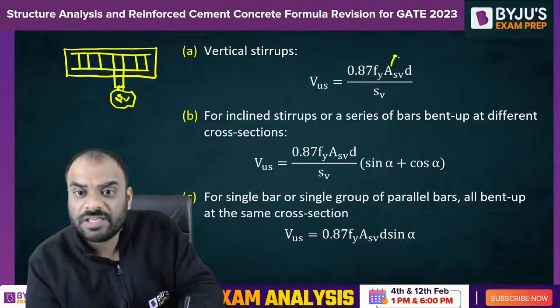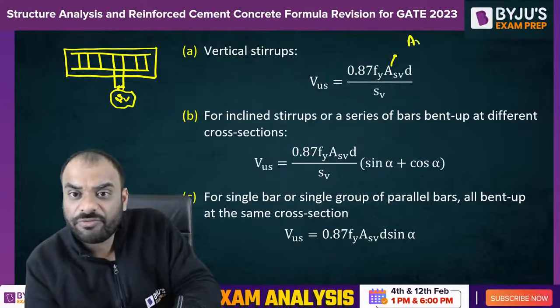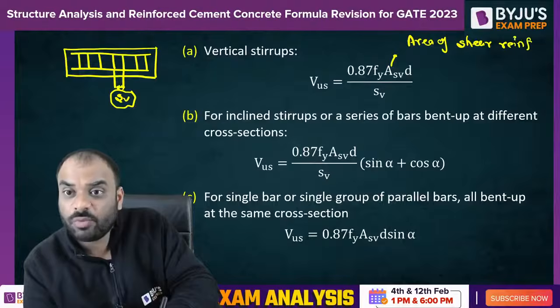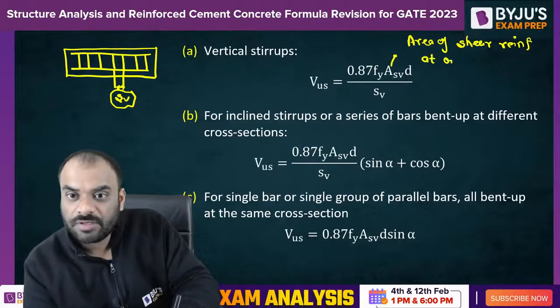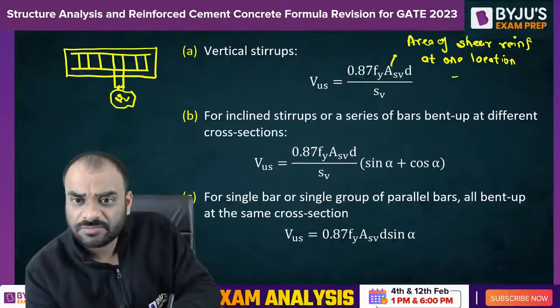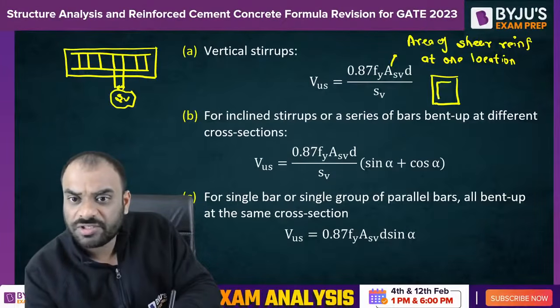Now what is ASV? ASV is nothing but the area of shear reinforcement at one location. Clear? How can you calculate it? Let me give you one example. Let us suppose this is a cross section and this is our shear reinforcement, which is basically 2 legged, right?